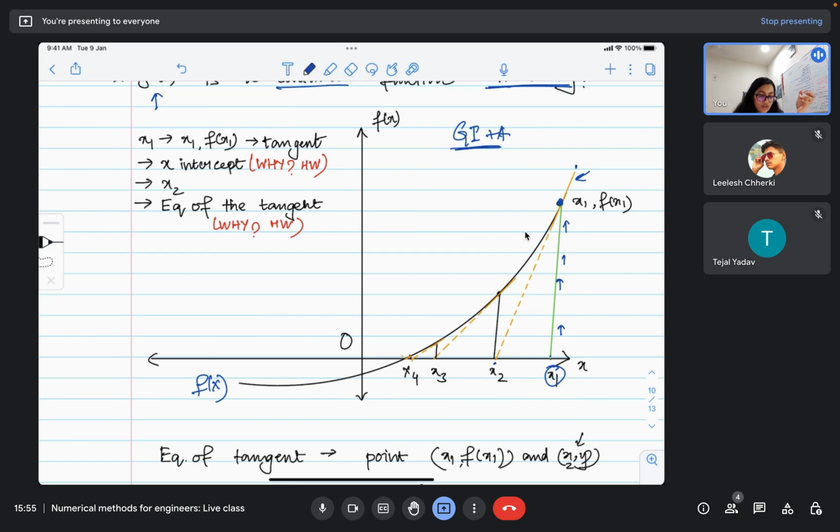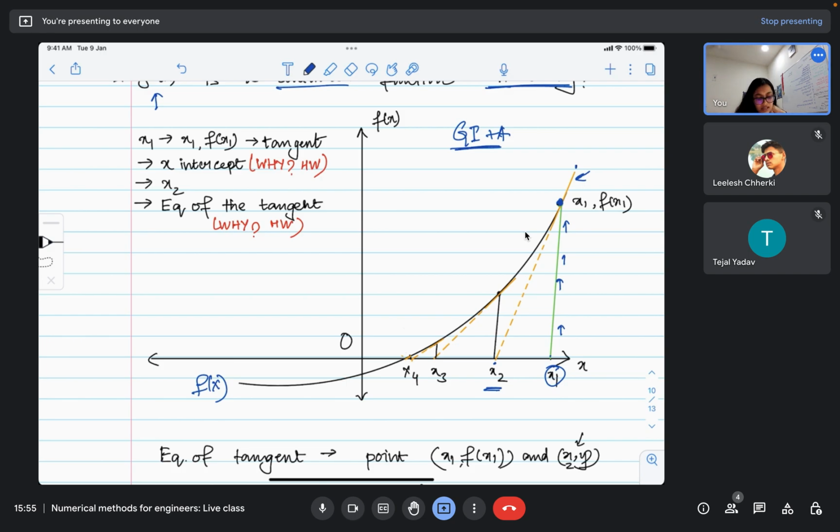When we draw this tangent, it is going to cut the x-axis at a particular point, x2. Once we reach this point x2, we will find out the value of this x-intercept.